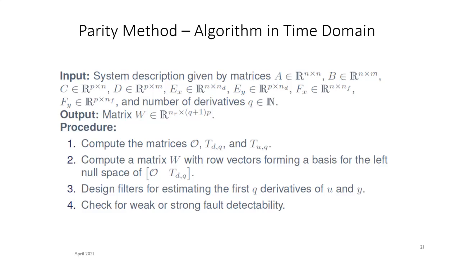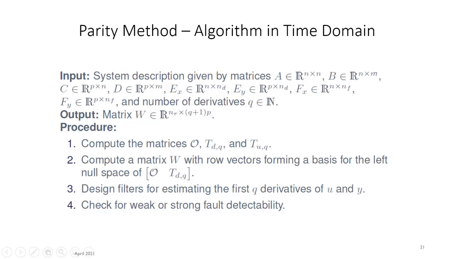This filter also affects the residual. But usually a first order filter works, and in many cases we only need to differentiate once. I will show you in the example that differentiating one time would be enough in some cases.